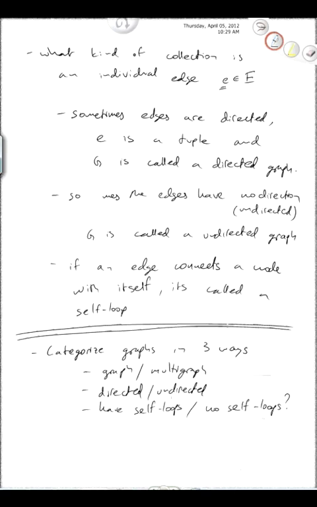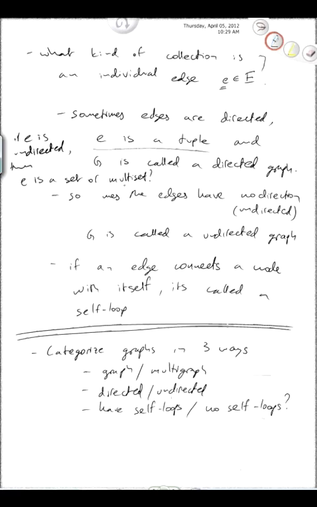So let me just complete one piece of information here, which is what kind of collection is an individual edge? So if an individual edge is directed, then it's a tuple. And as you might imagine, if E is undirected, then order doesn't matter. And so we say that E is a set or multiset.